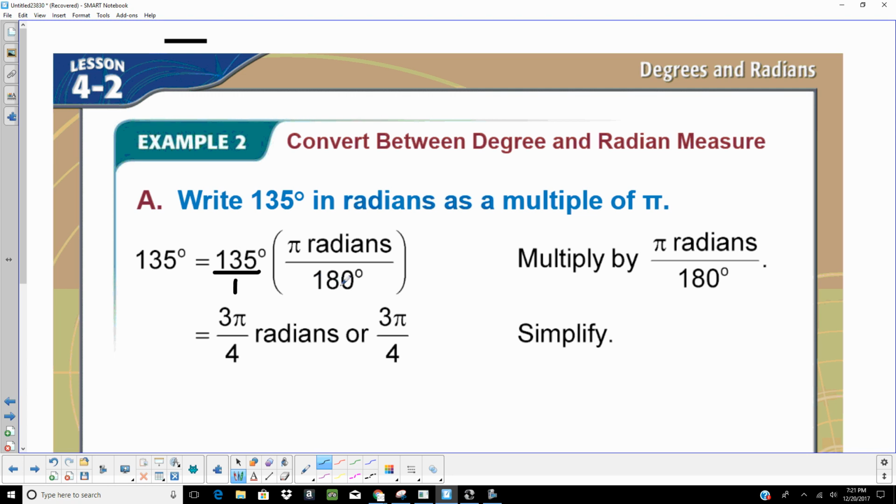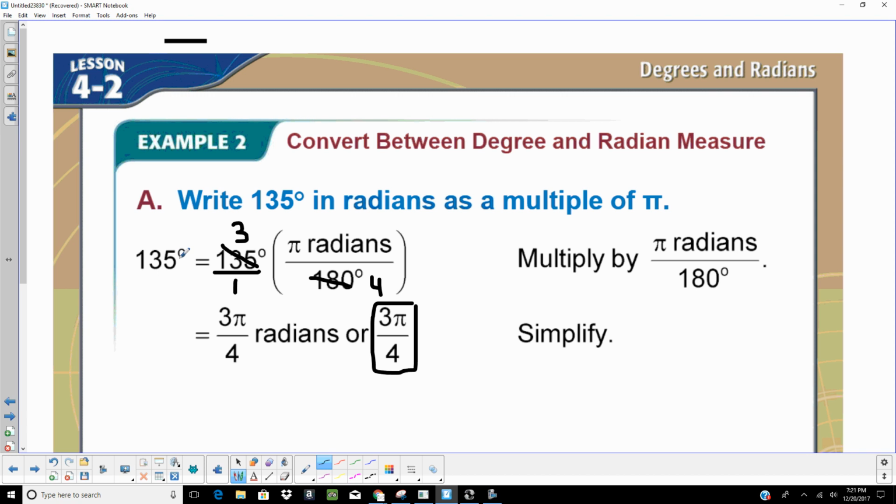You can cross cancel if you want to. 45 can be divided into 135 3 times, and 45 can be divided into 180 4 times. So I'm going to end up with 3 pi over 4. So 135 degrees is 3 pi over 4.